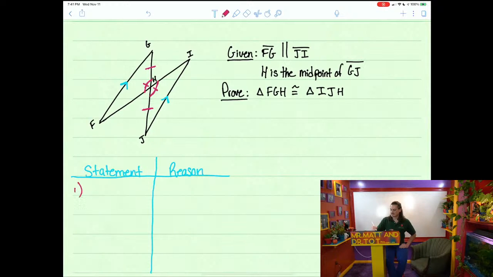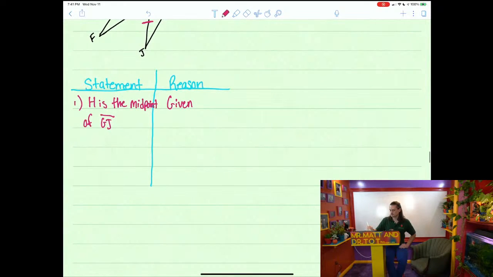Therefore, from that statement, we can conclude that line segment GH has to be congruent to line segment HJ because of the definition of a midpoint. So we've just proven one pair of sides to be congruent.